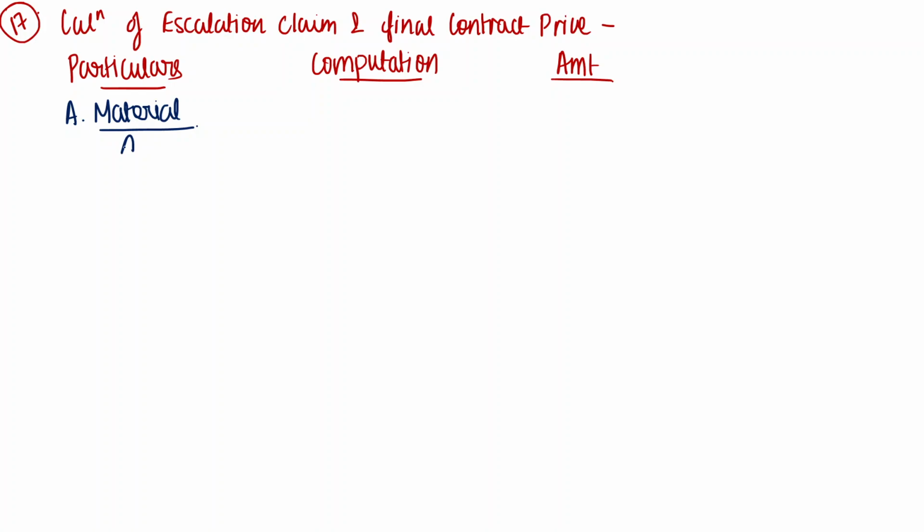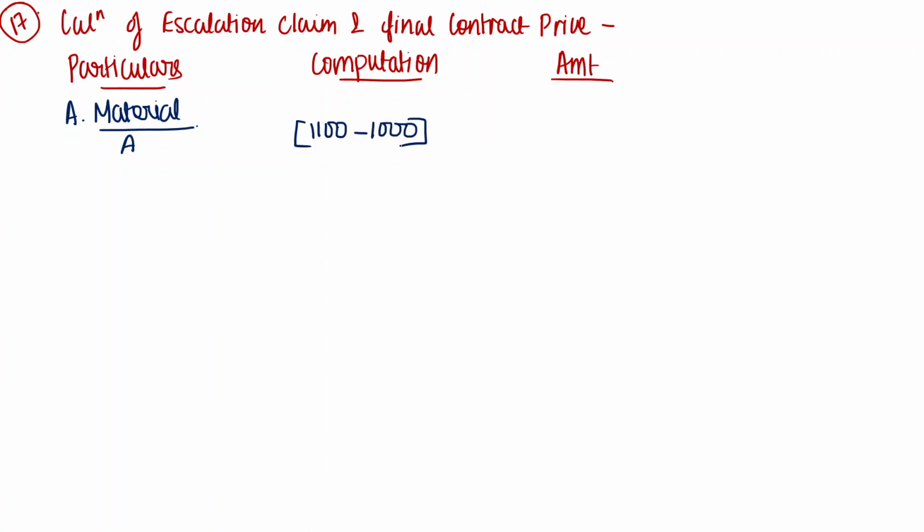Materials. We have A. Now, can you tell me what will be the escalation claim in that case? What is the change in the price? Is it 1100 minus 1000?